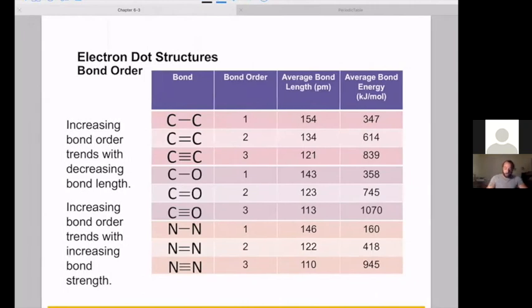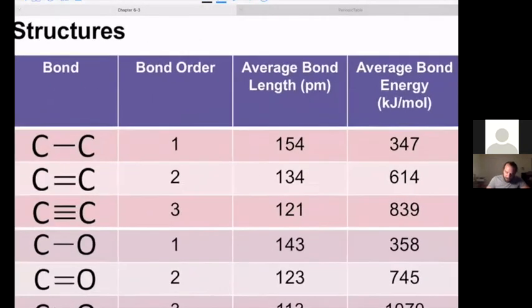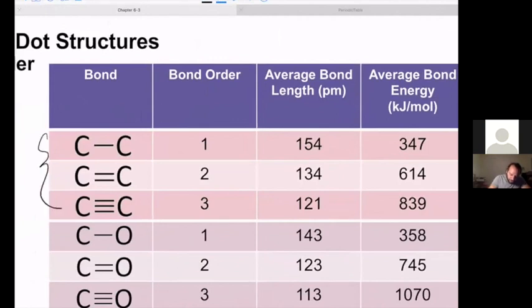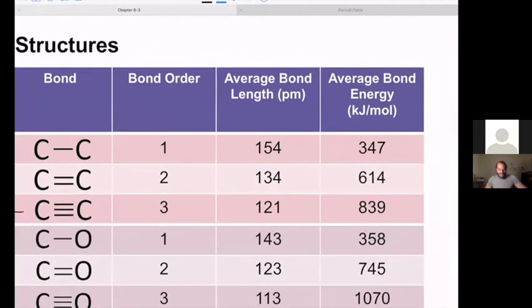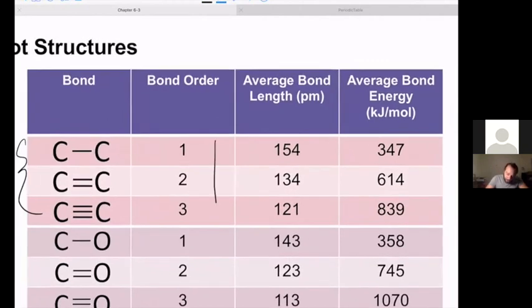One thing to note about single versus double versus triple bonds is just the relationship to bond length and bond strength. So really, let's focus on these top 3 right now. So these are all carbon-carbon bonds. Carbon-carbon single bond versus a carbon-carbon double bond versus a carbon-carbon triple bond. We see that as the bond order increases, bond length decreases, right?